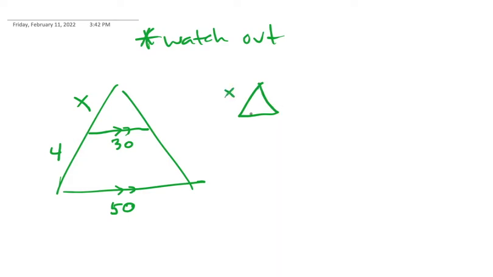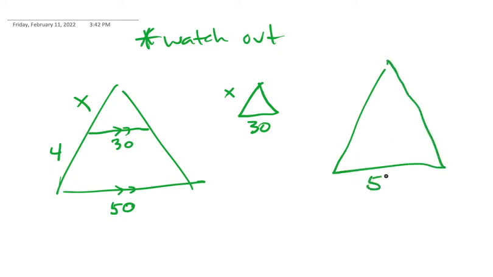So the x is here and the 30 is here. Now we get the whole big one. 50 is on the bottom, but how much is this piece? It's not 4. So that's why if we put x over 4, we're only looking at this piece, not the whole triangle. But 30 represents the whole piece. 50 represents the whole piece of this triangle. X represents this piece. So we need to represent the whole side to match with it.